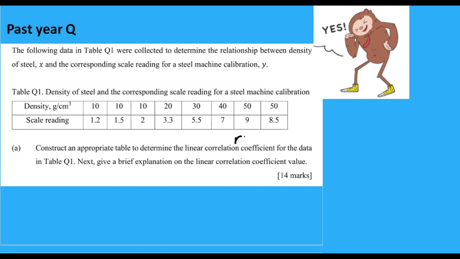This question is quite easy because they have already determined that X would be the density of steel. So this would be the X value, and Y is the scale reading for a steel machine calibration. So this is Y. Let's construct an appropriate table then to determine R. What values do we need to determine R?